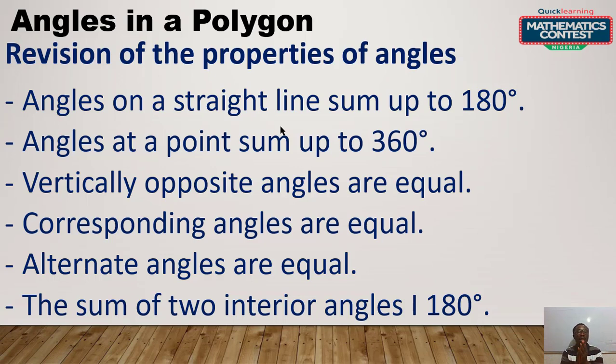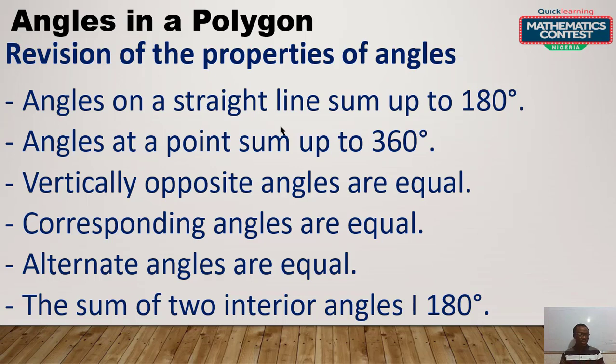Now corresponding angles are also equal. How do you know corresponding angles? Corresponding angles are F angles. The angle you have here and the angle you have here, they are equal. The angle you have here and the angle you have here, they are equal. Corresponding angles are F angles. The next one is called the alternate angles.